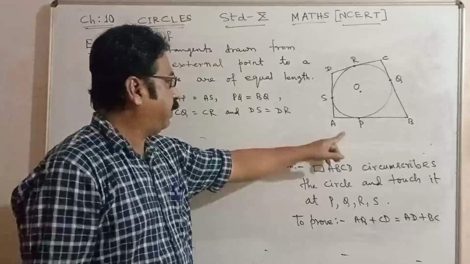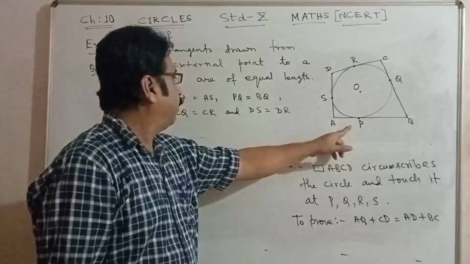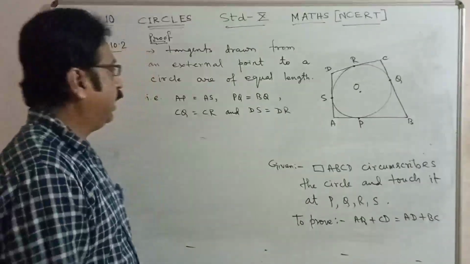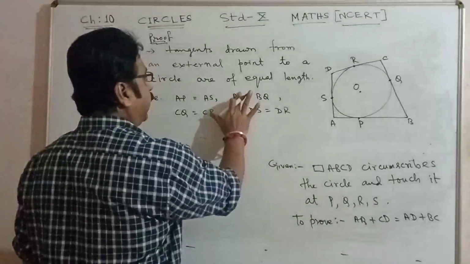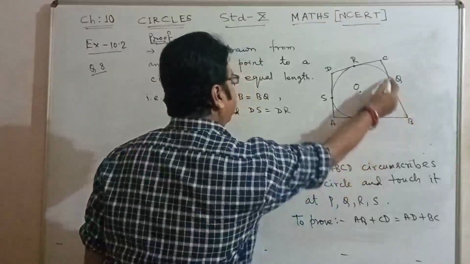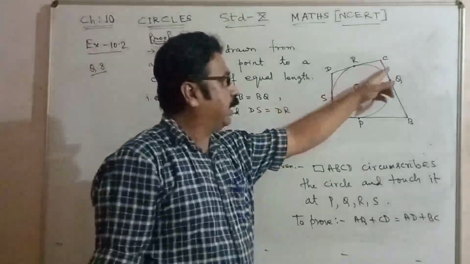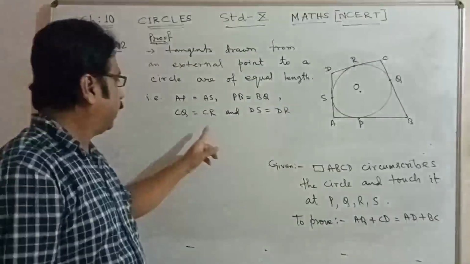Check once again. AP equals AS. PB equals BQ. Then CQ equals CR.